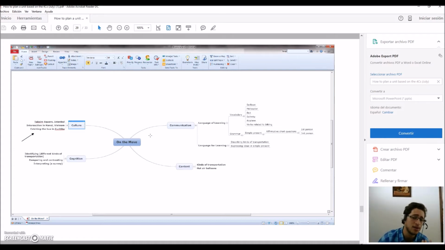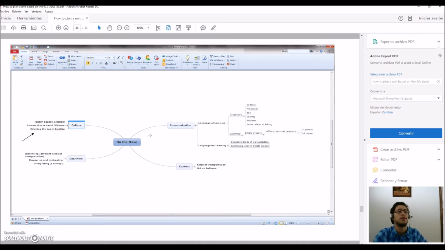Was it related to culture? Was it related to cognition? Was it related to content and the different topics that students are learning about? Or was it related to communication and language? So I hope this example was clear, and the idea is that you plan it like that.